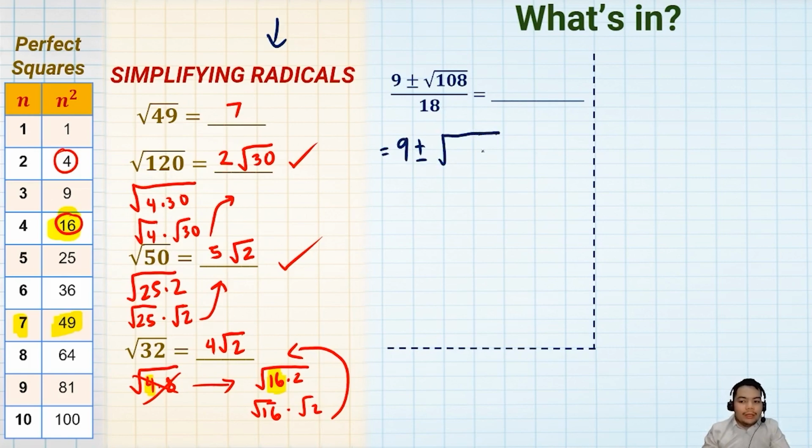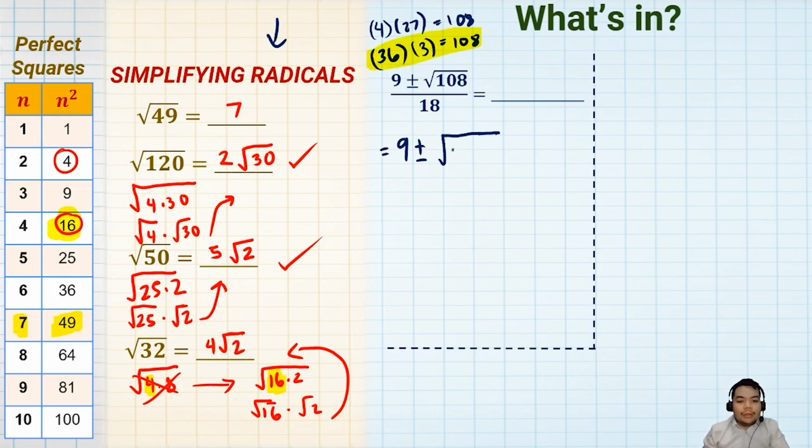So I know that you might be thinking about 4 times 27. 4 times 27, yes, that's equal to 108. But I think it's better if we have a perfect square that is equal to 36. And if I multiply it to 3, the answer is 108 as well. Diba? Pili tayo nung mas malaki yung perfect square dun sa factor.